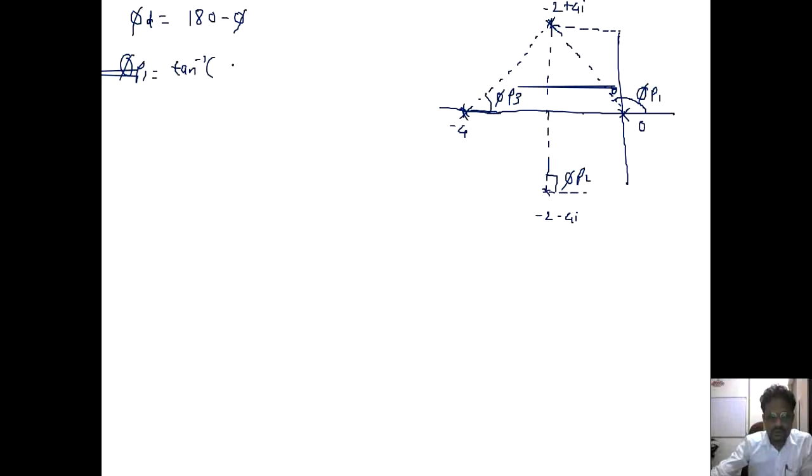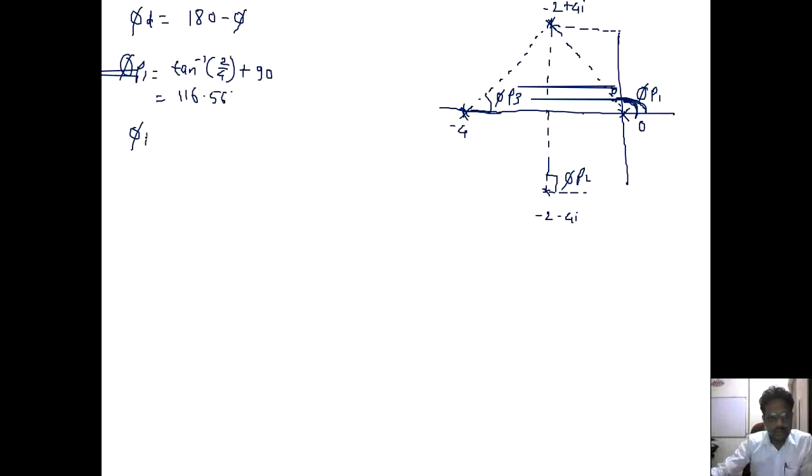So tan inverse of 2 by 4, or we can say 1 by 2, plus 90, because phi p1 combines this angle. So tan inverse of 1 by 2 is 26.56. So 26.56 plus 90 gives us 116.56 degrees.